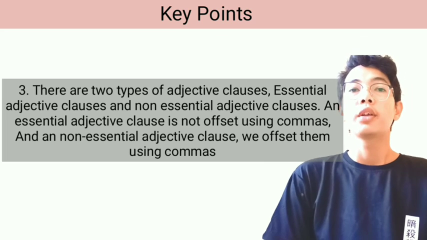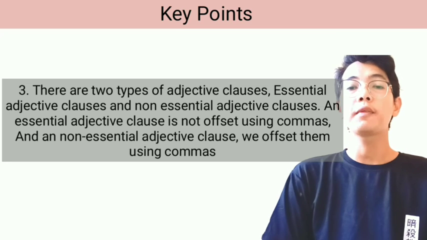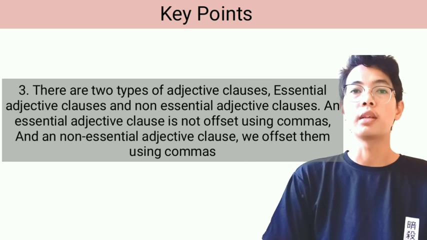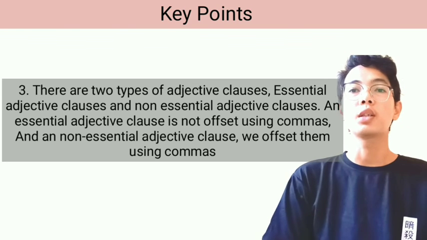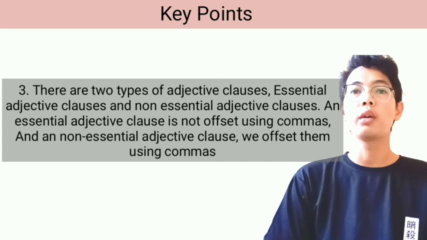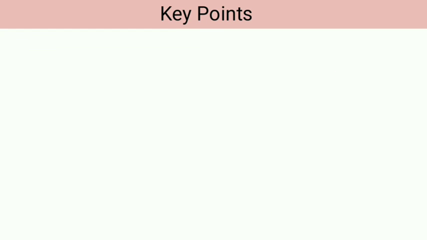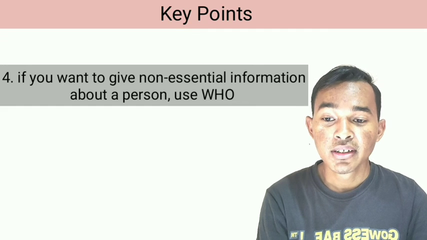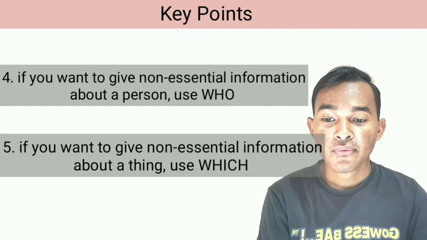3. There are two types of adjective clause: essential adjective clauses and non-essential adjective clauses. An essential adjective clause is not offset using commas, and a non-essential adjective clause we offset using commas. 4. If you want to give non-essential information about a person, use who. 5.